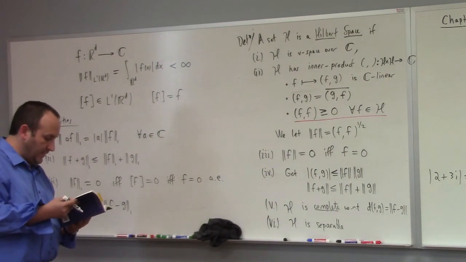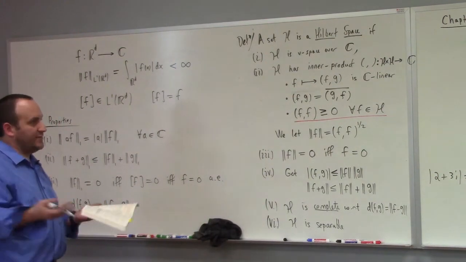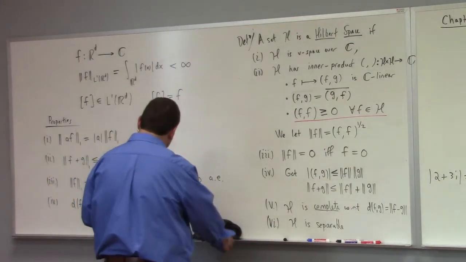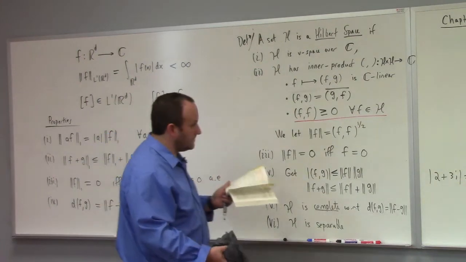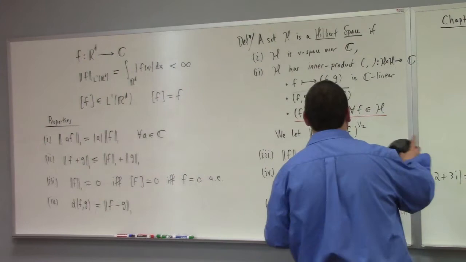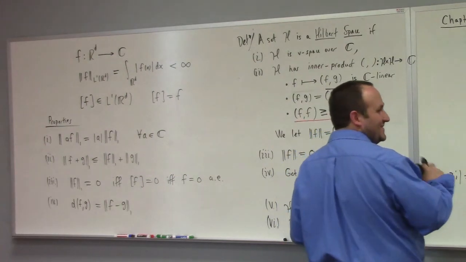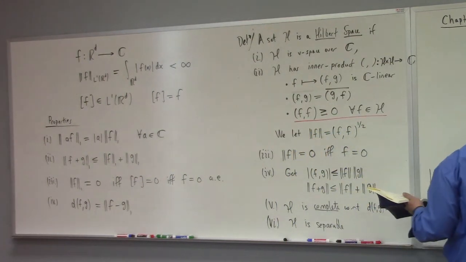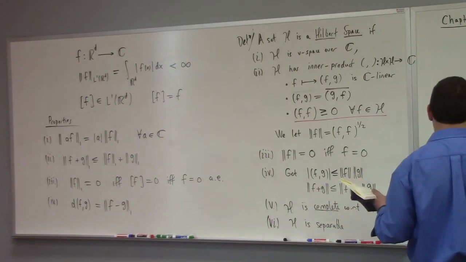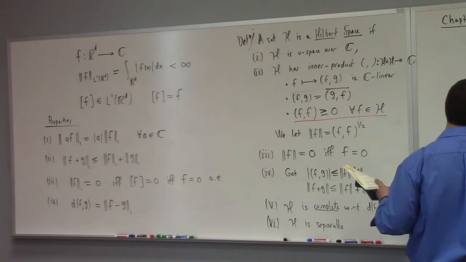All right. So what are examples of Hilbert spaces? Euclidean space? But it has to be complex. Oh, complex Euclidean space, huh?